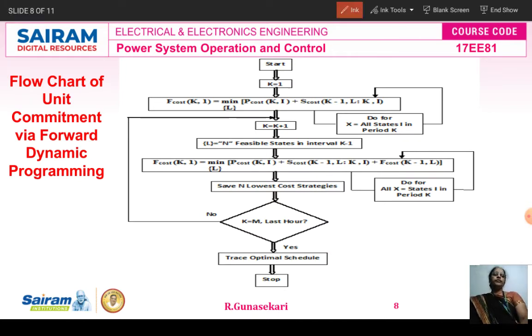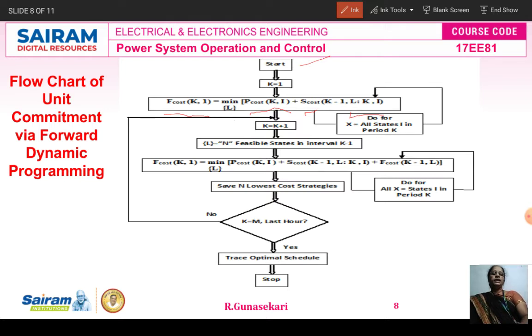In the flow chart, first start, then k equal to 1. k is nothing but the hour. Then the formula: f cost k comma I equals minimum over L of p cost k comma I plus s cost k minus 1 comma L colon k comma I. So without fuel cost we write this down.